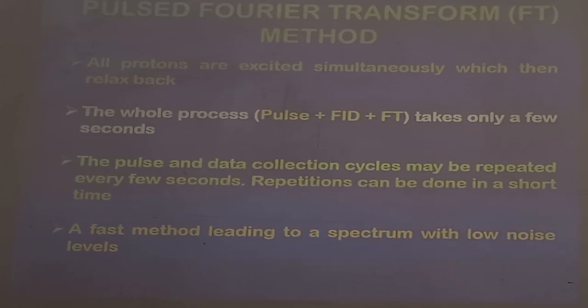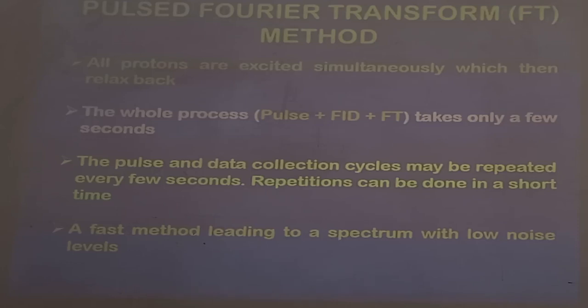But this FID or the time domain signal is not of much use to us because we cannot interpret it. We cannot read it. The human brain cannot read it or interpret or extract information from this spectrum.